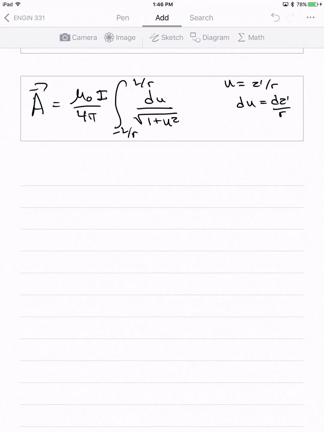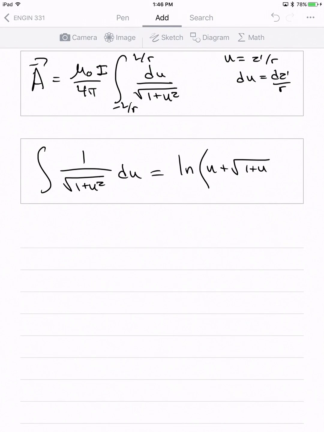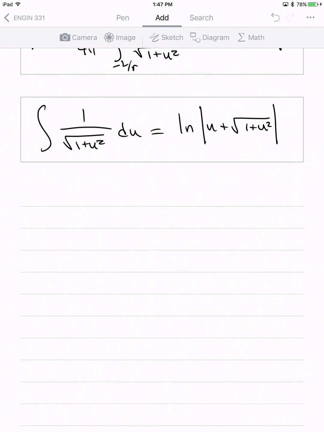Now, if you want to just skip this entirely, the integral of 1 over square root of 1 plus u squared du is equal to ln of u plus square root of 1 plus u squared, and that should be in absolute value marks. But I'm going to walk you through the steps to get there because that is not intuitive at all. This is a weird one. Just warning you now.